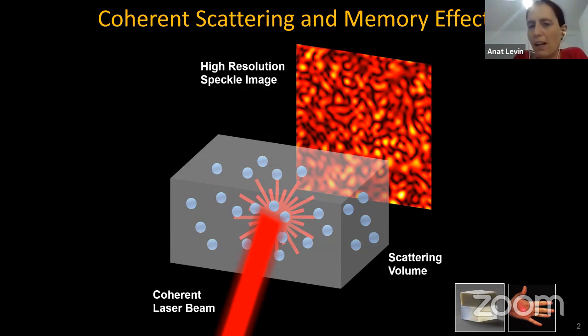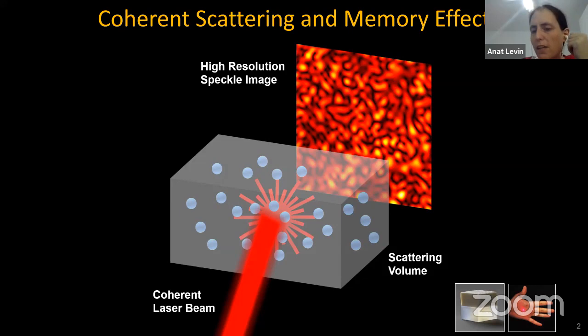Now, in many applications, speckles are indeed a disturbance, because they are just noise. But they also have interesting statistical properties that people have tried to exploit in many applications, and we'll see some examples in this talk.